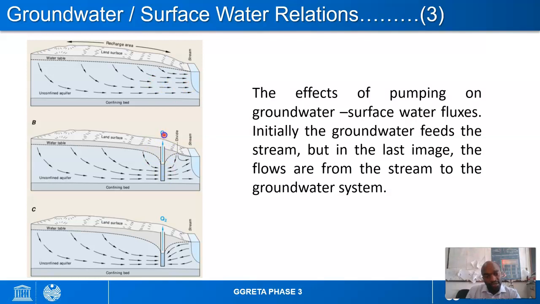But the minute you introduce pumping through a pumping well, this will divert part of the groundwater flow to flow towards the well, right? And depending on how much you are stressing this particular well, it might be that all of the water that is supposed to be heading towards the stream now begins to be released as discharge to the pumping well.